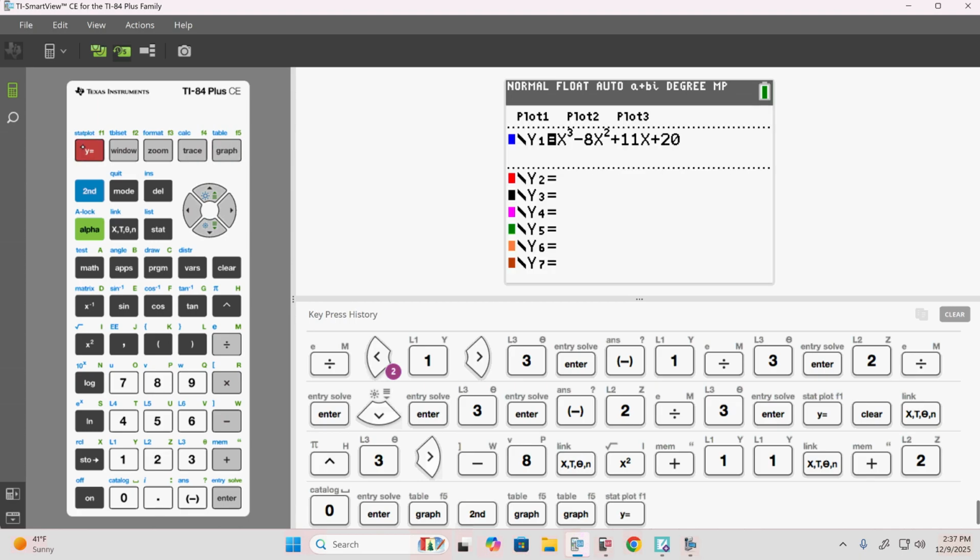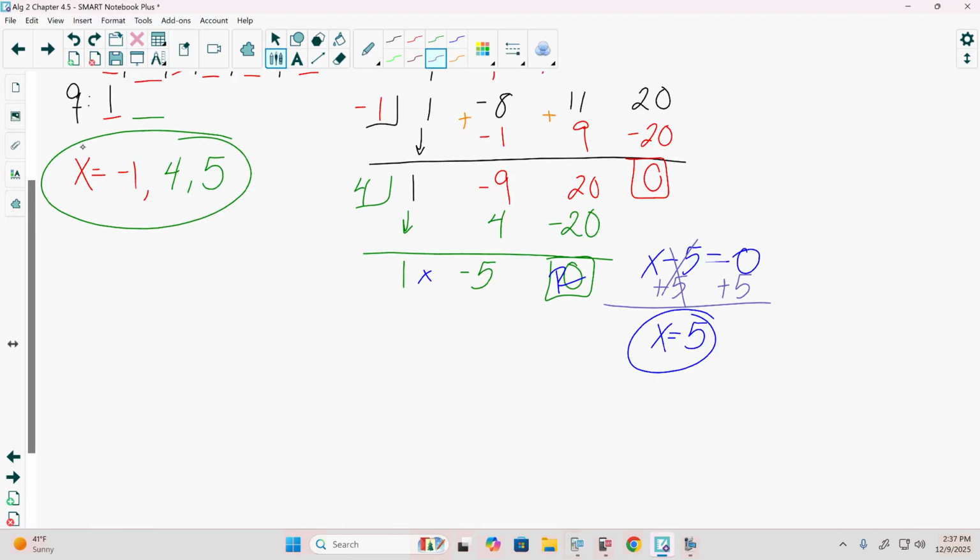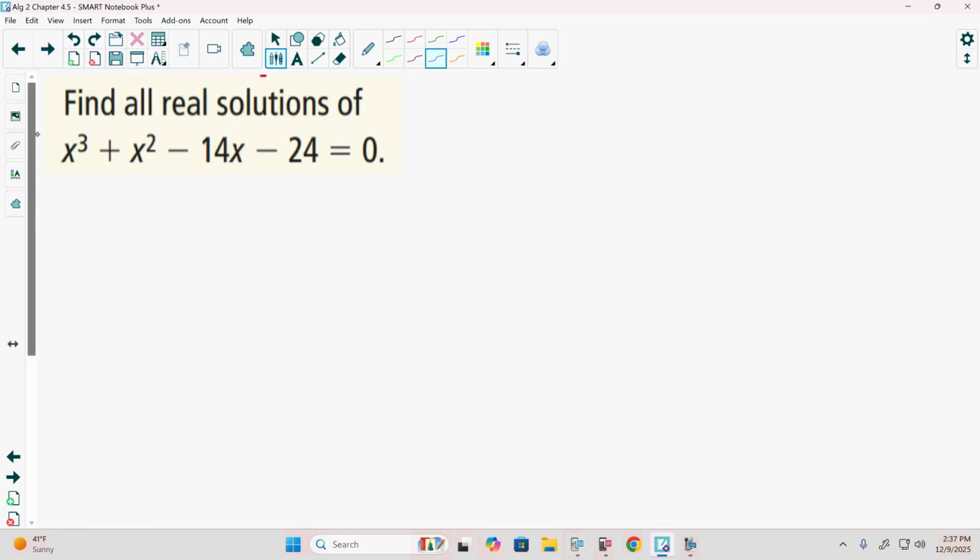Okay. Well, let's look at the next one. Because the big thing with all of these here with solving is, I would say, being comfortable with graphing these is going to be very helpful in solving.